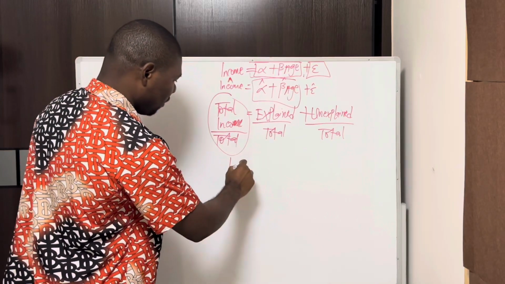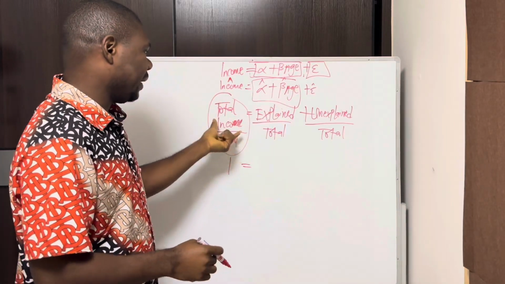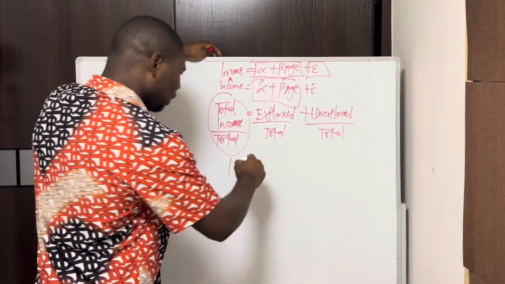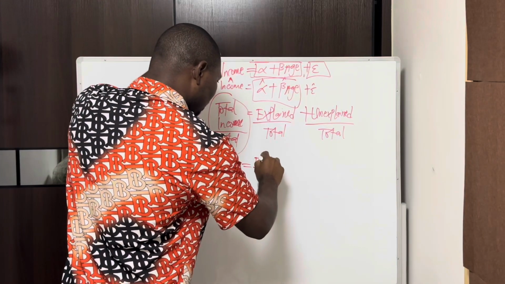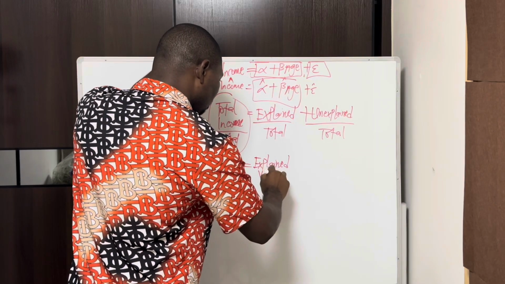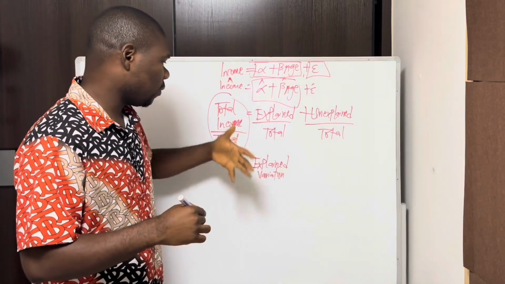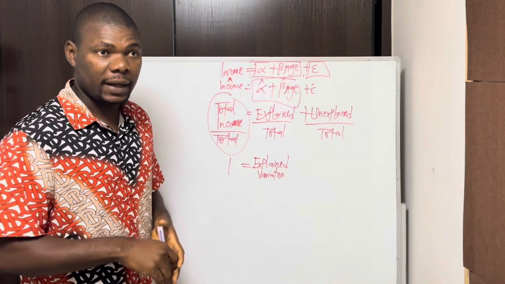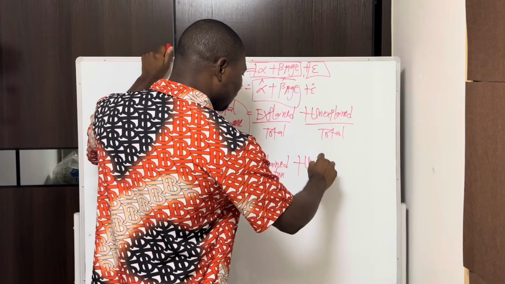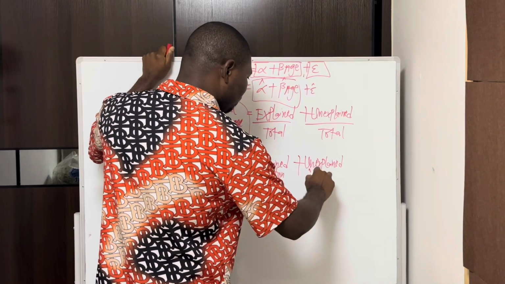And then this becomes the proportion of the variation in the dependent variable which we are able to explain, so I'm going to call it the explained variation, the changes in the dependent variable which we're able to explain. And this becomes the unexplained variation.